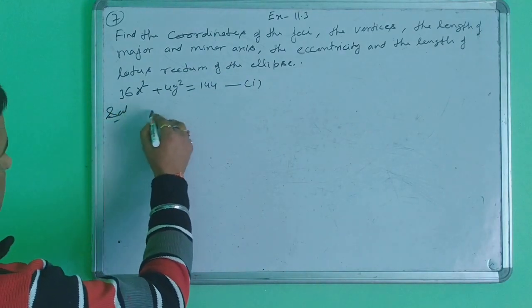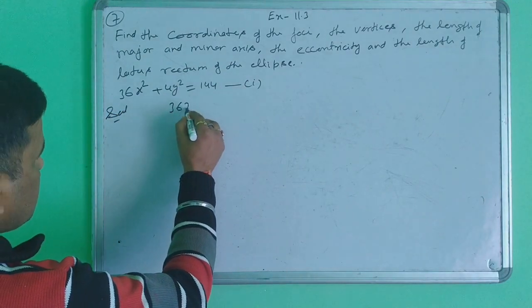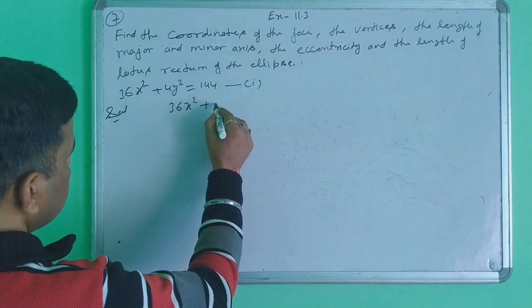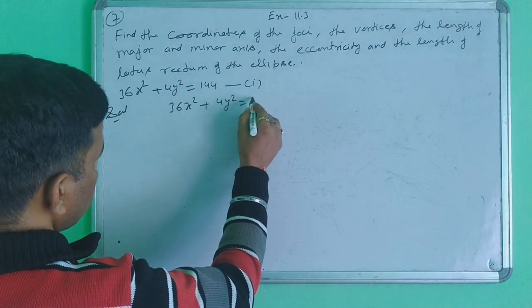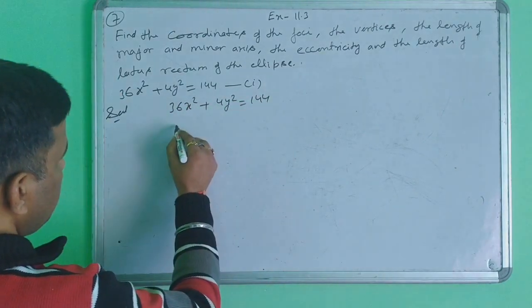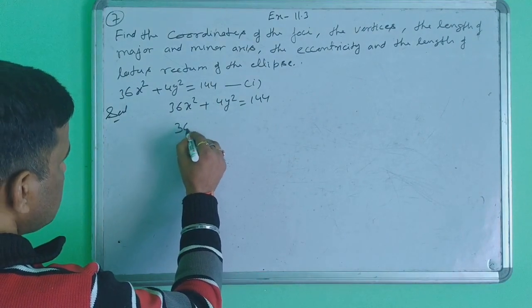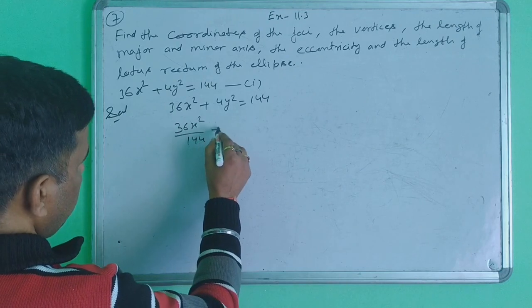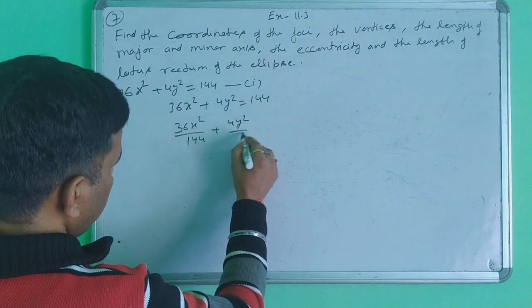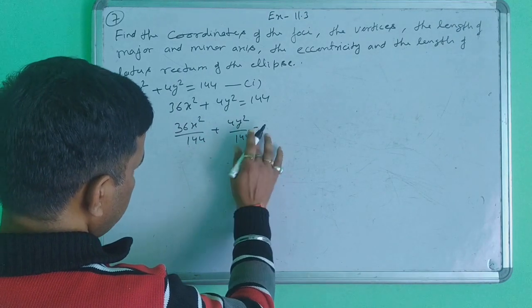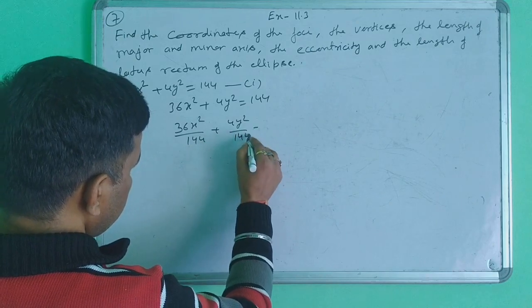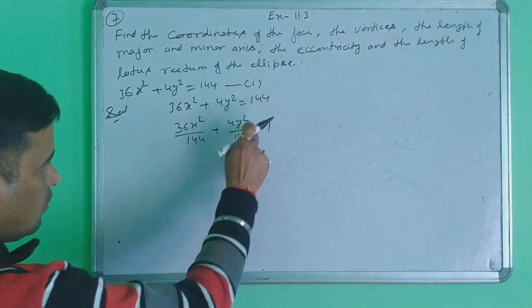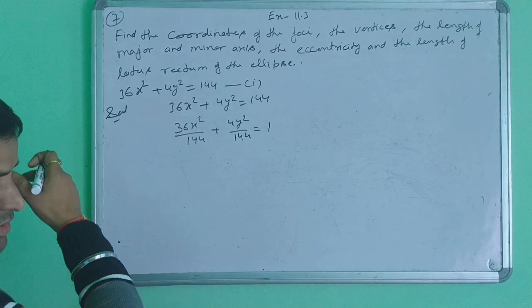Now the solution: 36x square plus 4y square equal to 144. Then you will write 36x square upon 144 plus 4y square upon 144 equal to 1, dividing 144 by both numbers separately.